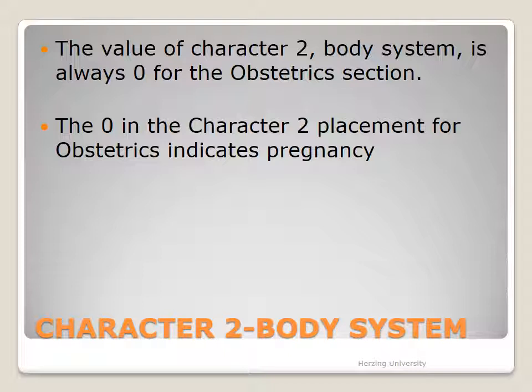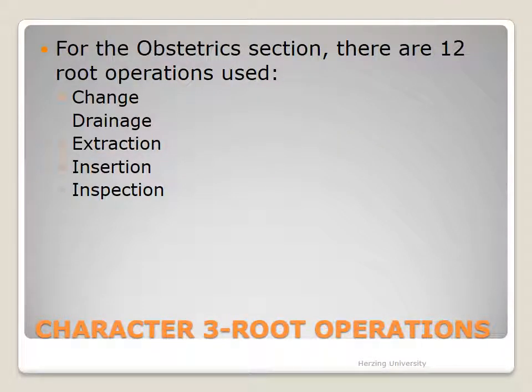The second character value in the obstetrics section represents the body system. This value is always 0, as it indicates pregnancy. Character 3 in the obstetrics section of ICD-10-PCS represents the root operations, and there are 12 root operations used for the obstetrics section.